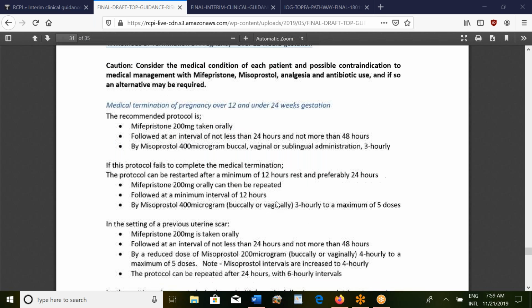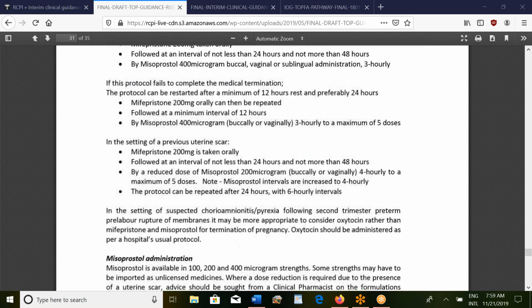Then, in the setting of a previous uterine scar, you should say you will take opinion of the consultant obstetrician. Mifepristone 200 mg orally, followed by an interval of not less than 24 hours and not more than 48 hours.